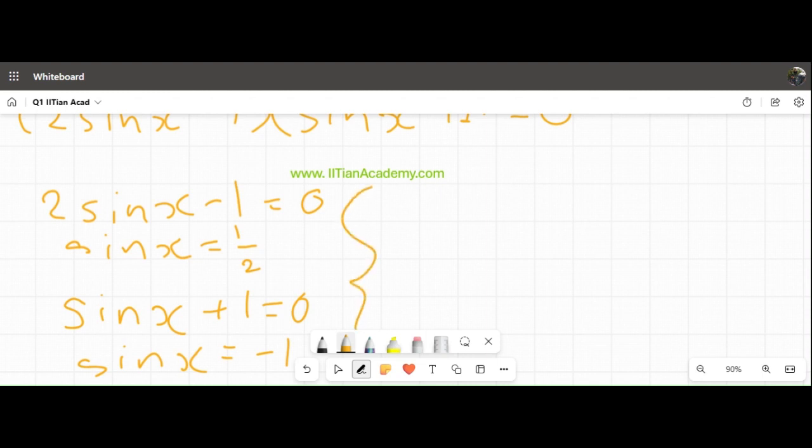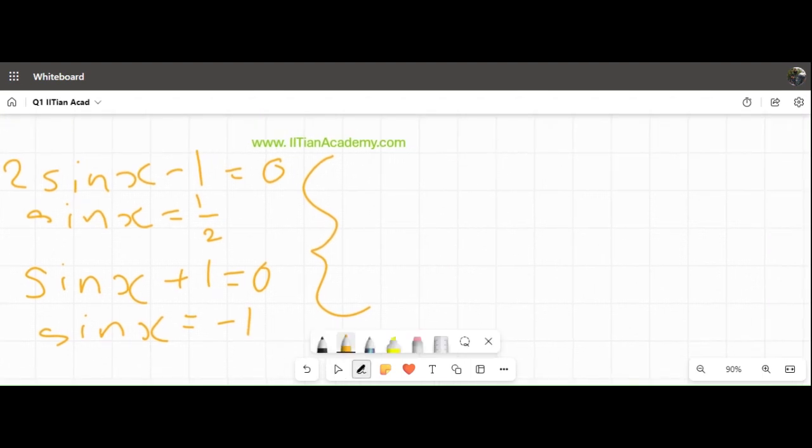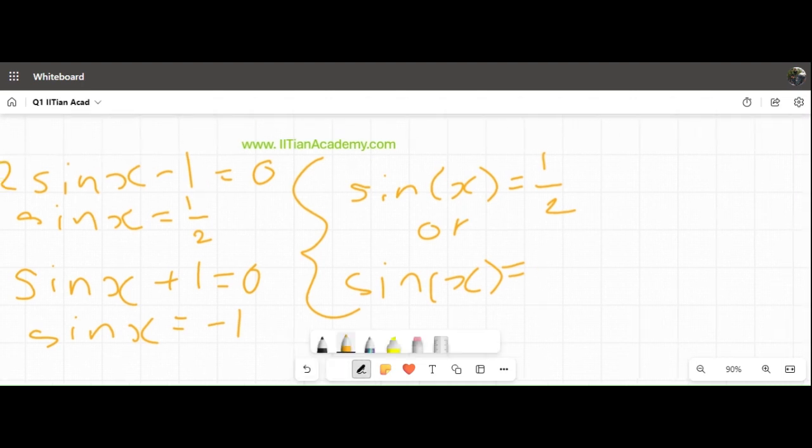So our roots, you would call them, are sine x is equal to 1/2, or sine x is equal to -1.